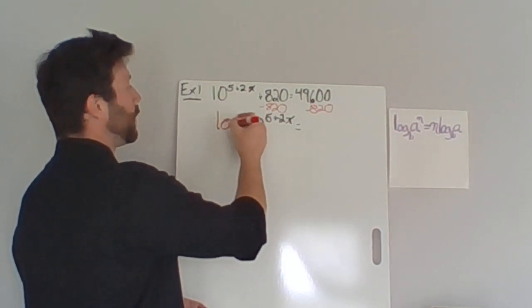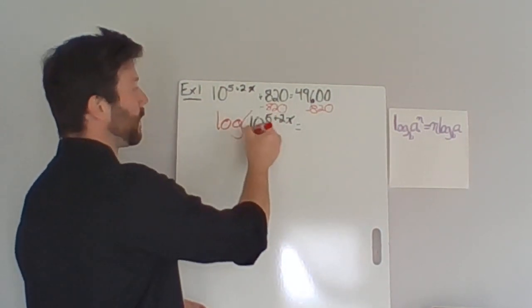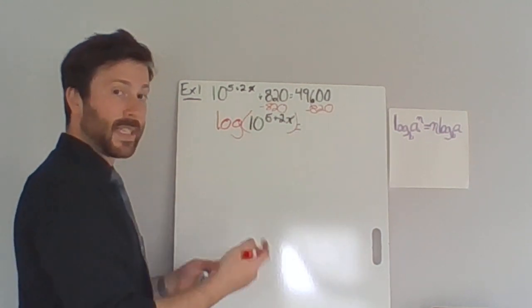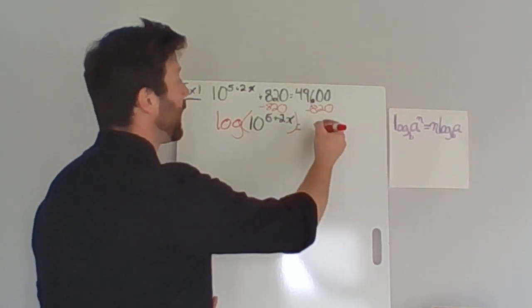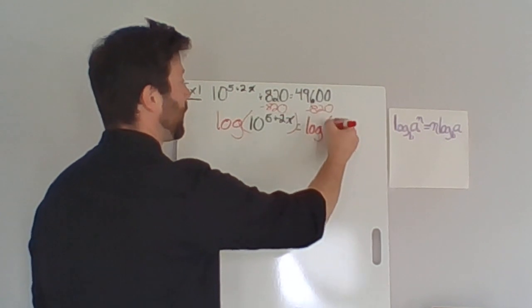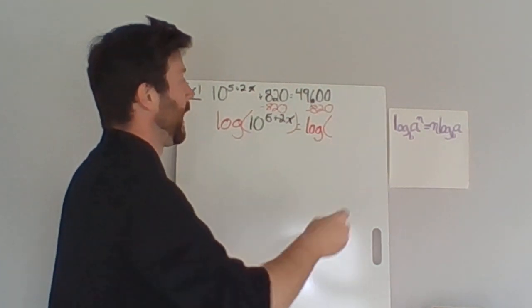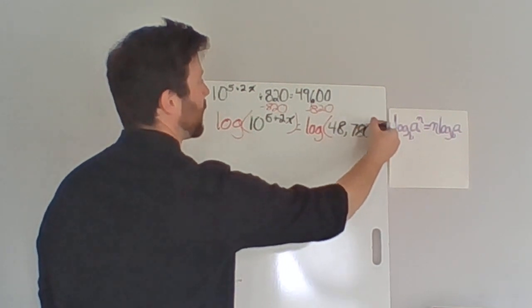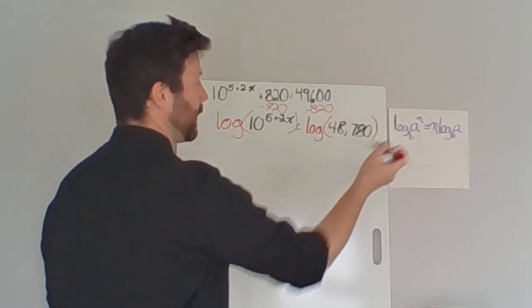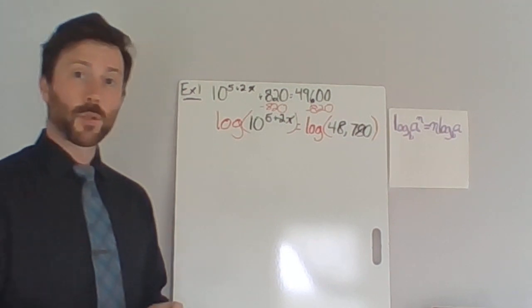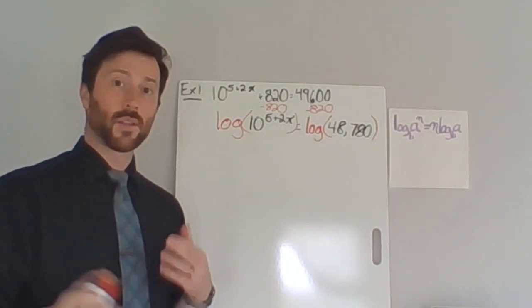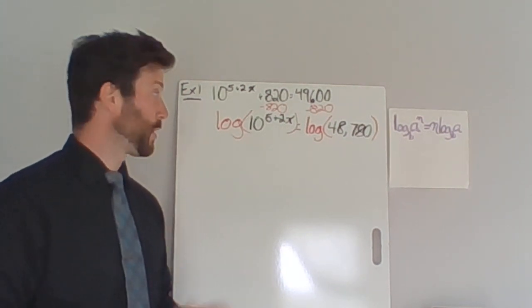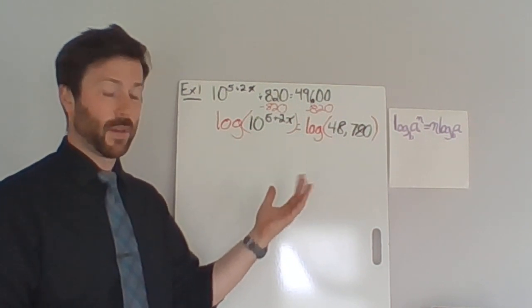So we're going to do the common log of this left side, 10 to the 5 plus 2x, and the common log of that 48,780 that we just had. The rule is with algebra, you can do whatever you want to any equation as long as you do the same thing on both sides. Taking a logarithm is no different.